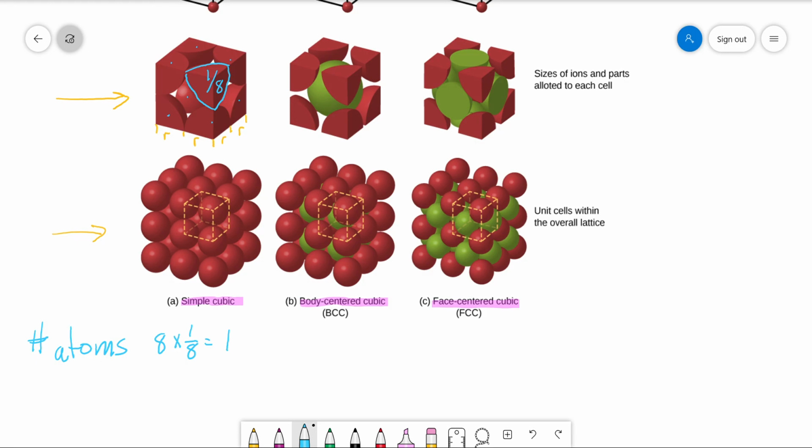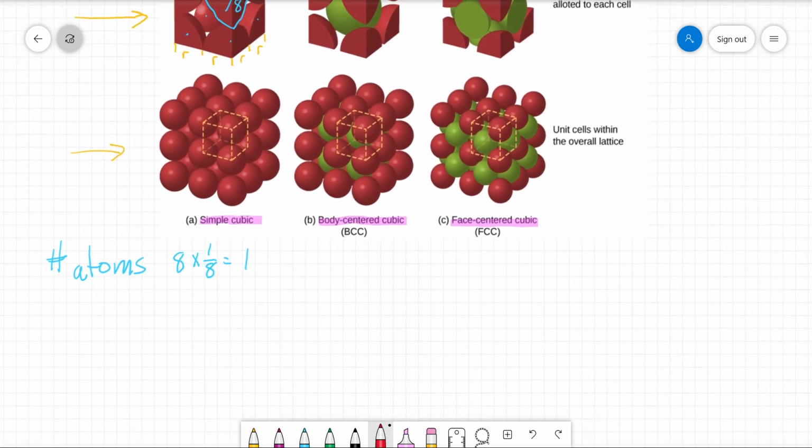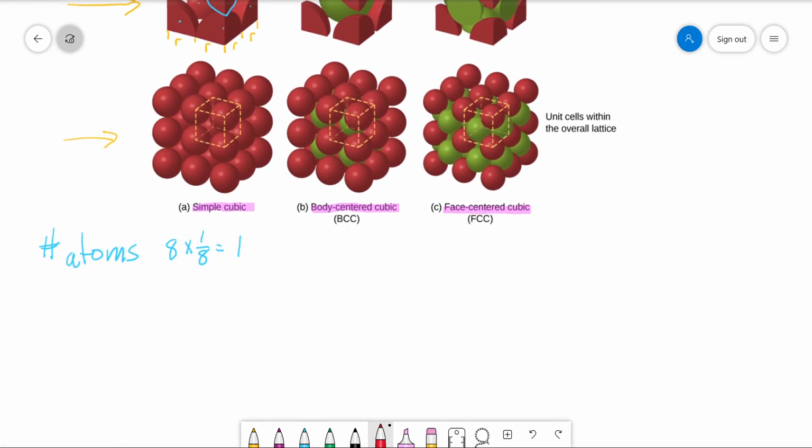Okay. And if we were to do some math, figure out the volume of the cube and the relative volume that is taken up by those atoms, we get what we call a packing efficiency. Packing efficiency is simply how much of the space is occupied by the atoms.